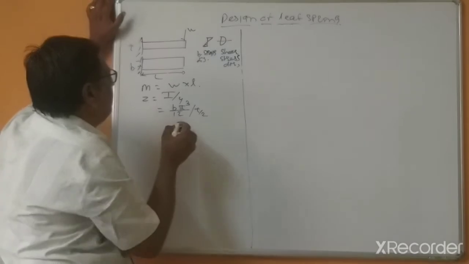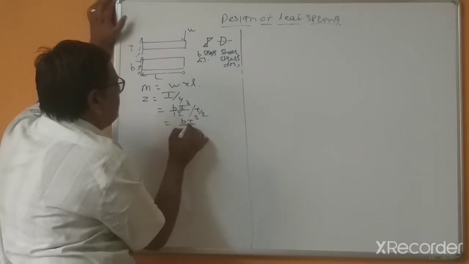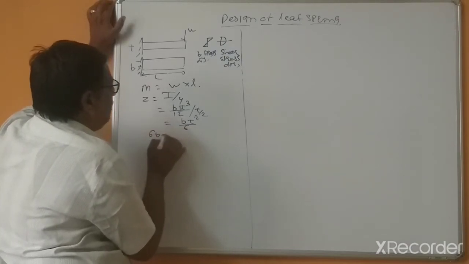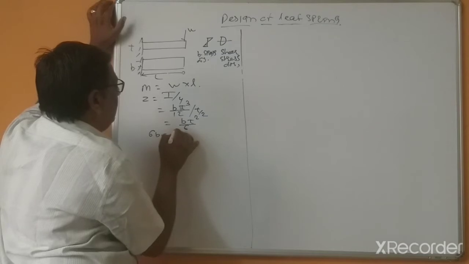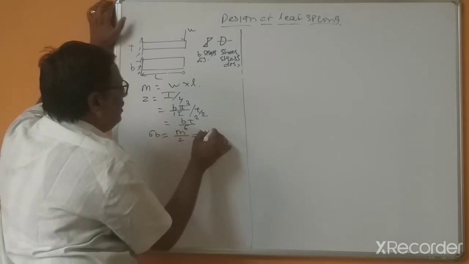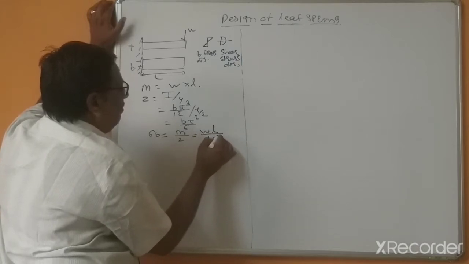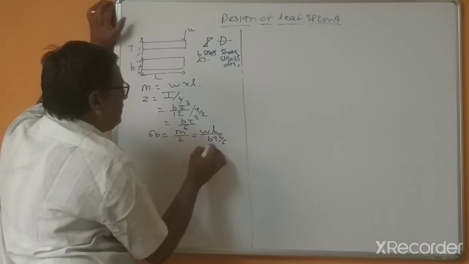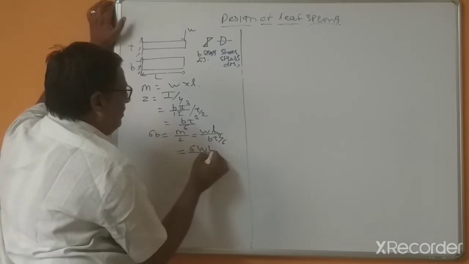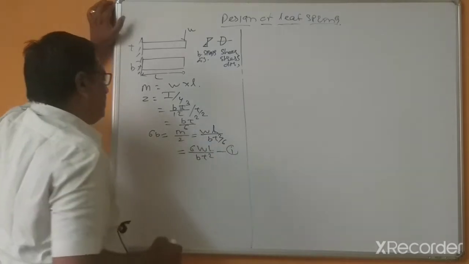So section modulus Z is bt squared divided by 6, and bending stress equals M divided by Z. So M equals W into capital L, divided by bt squared divided by 6. So this becomes 6WL divided by bt squared. Suppose this is the first equation.